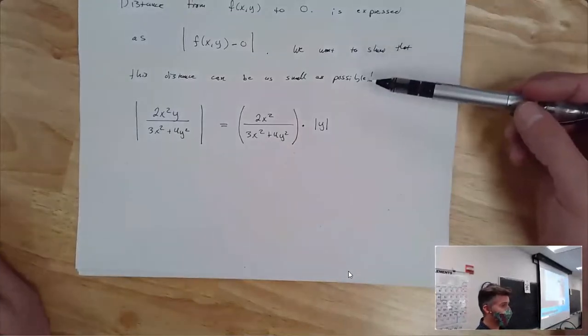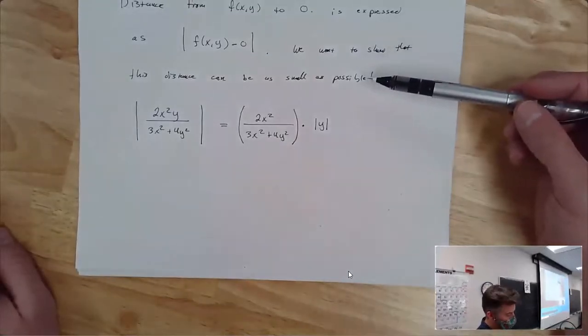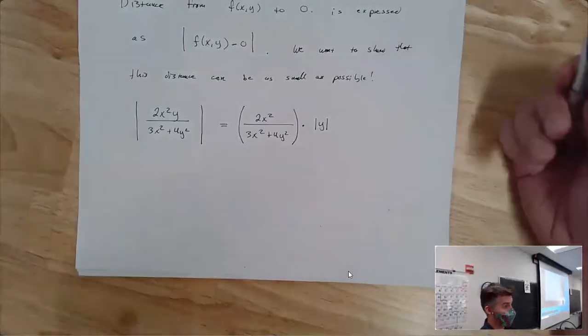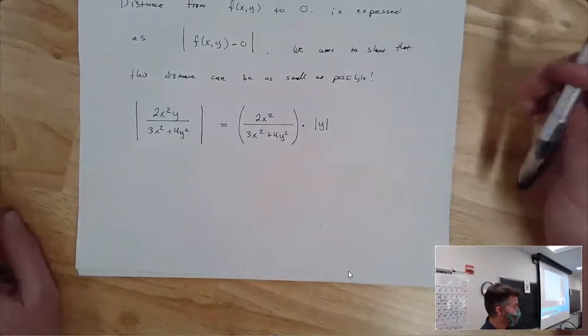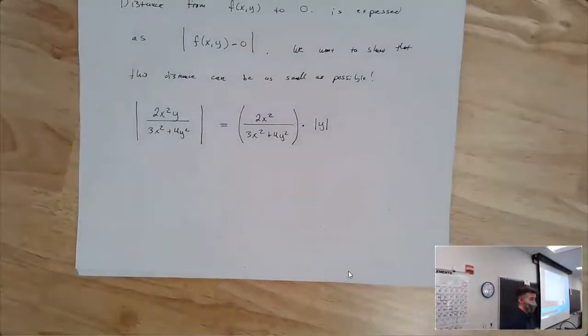No, everything is to an even power. It could be 0 over 0, but we're not worrying about that. We're only asking, do we really need the absolute values? And the answer is no, because the insides are never negative. So great, we can drop the absolute values on that one. But the y could be negative. And you can totally approach 0, 0 from under, where y is negative. So we need to leave the y inside the absolute value for now.